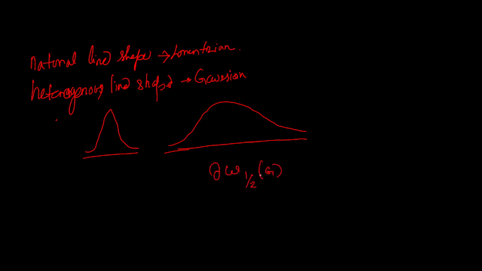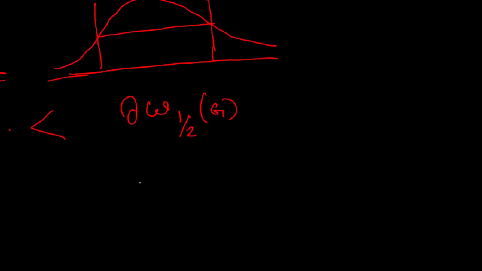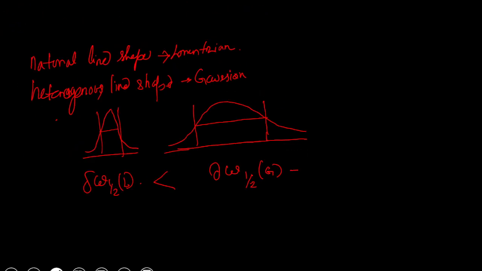So the full width at half maxima, this value is 2 square root of 2 ln 2 times sigma, where sigma is the standard deviation of the distribution.